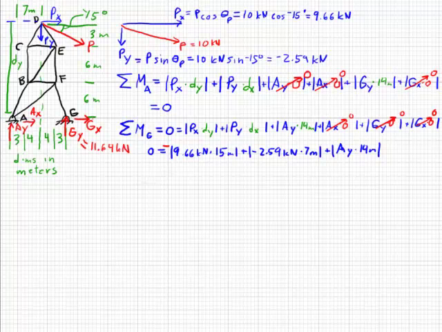The 2.59 kilonewton force, although it is a negative force, is actually causing a counterclockwise motion around point G. So that makes it positive.